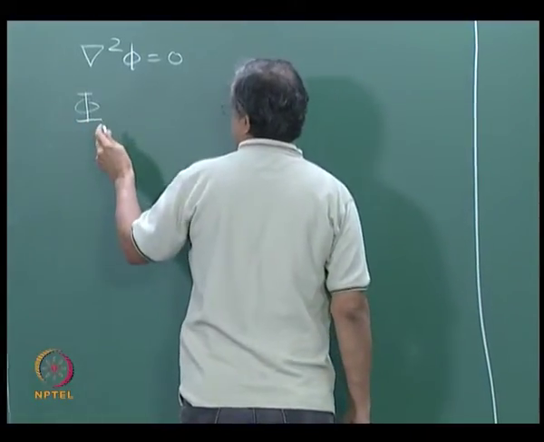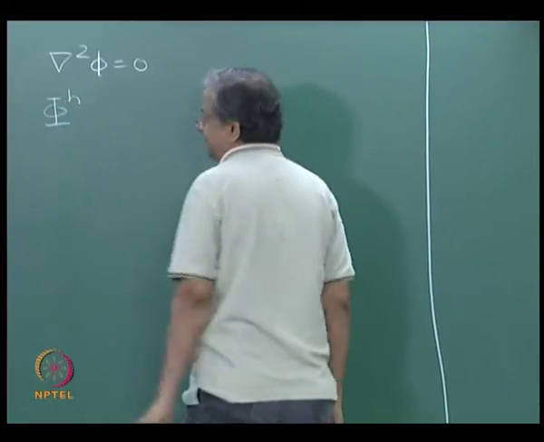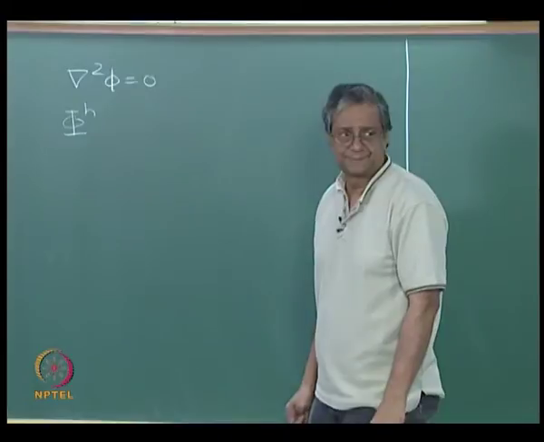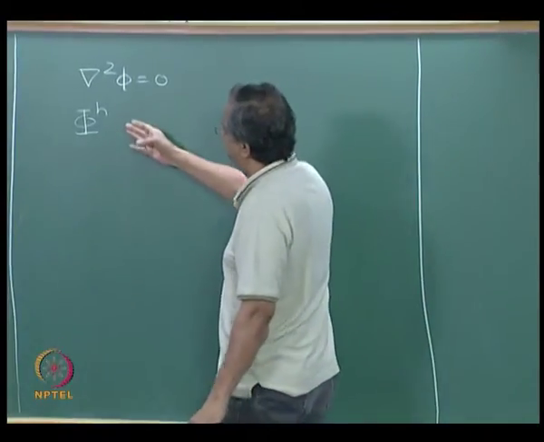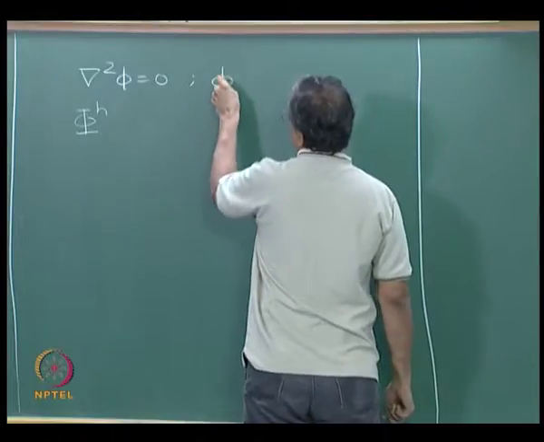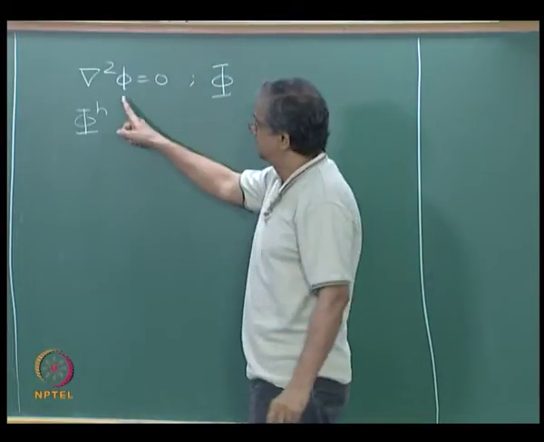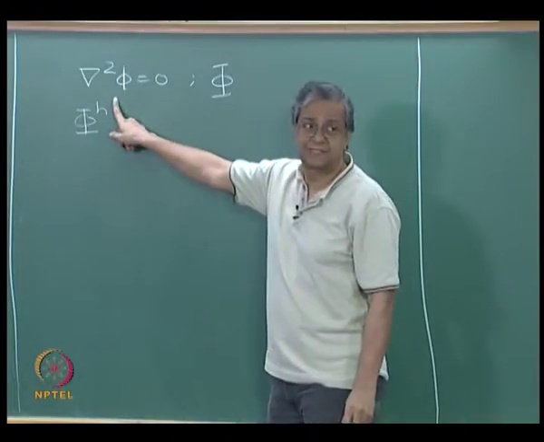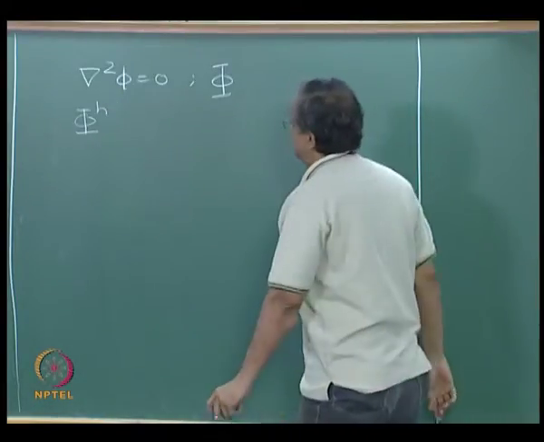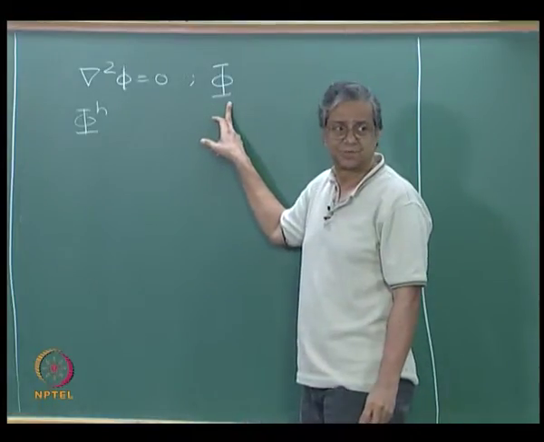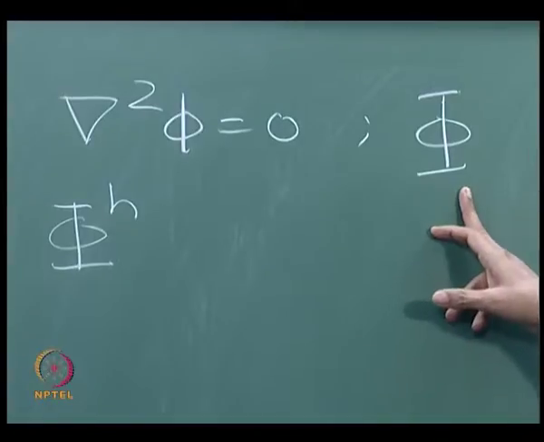As I had indicated earlier, if phi h is a candidate solution, or if you want to deal directly with the continuous equation, if phi is the candidate solution, and little phi is the actual solution, then if you were to substitute this in there, if it were a solution, nabla squared of this would be 0, okay.